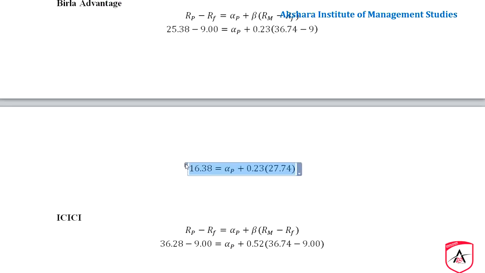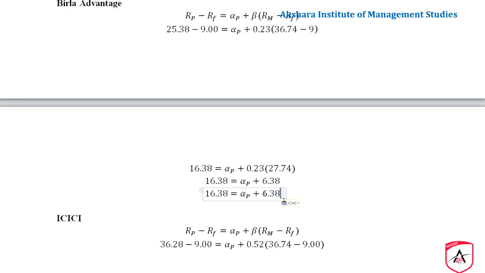And similarly, we have 0.23 into 27.74, it is going to be 6.38. And now we shall transfer this from here to here, so that when you transfer from one side to the other, the plus is going to become minus. Correct?